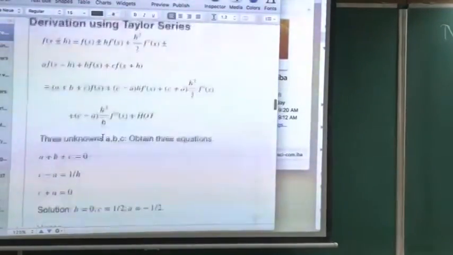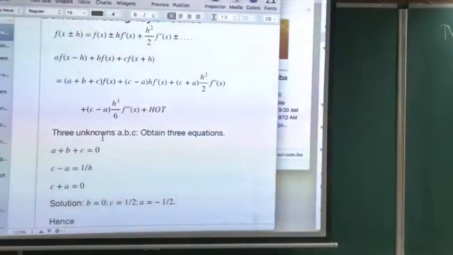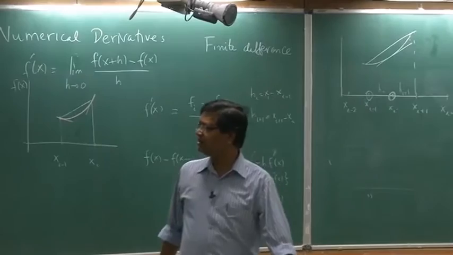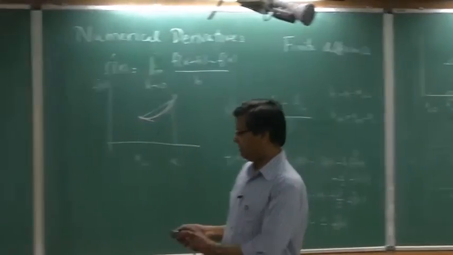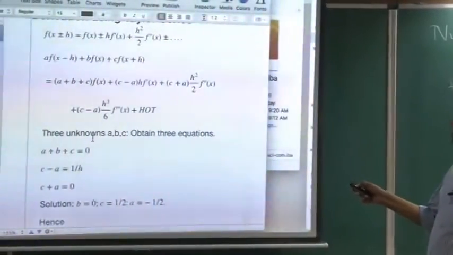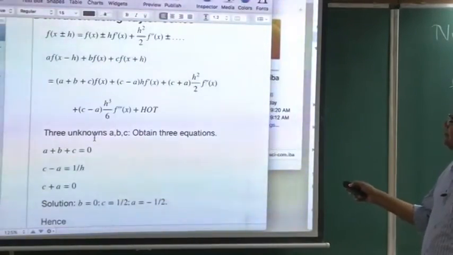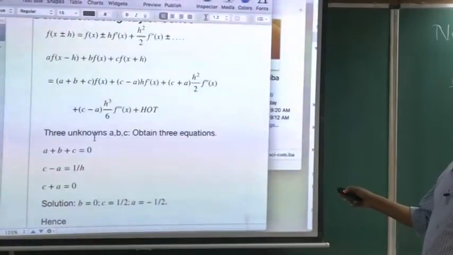So, let us imagine that I want to compute the first order derivative, and also estimate the error in the formula. I choose 3 points, again with equal interval. So, my points are x minus h, x and x plus h. I will do a Taylor series of this, and I will get this expression.